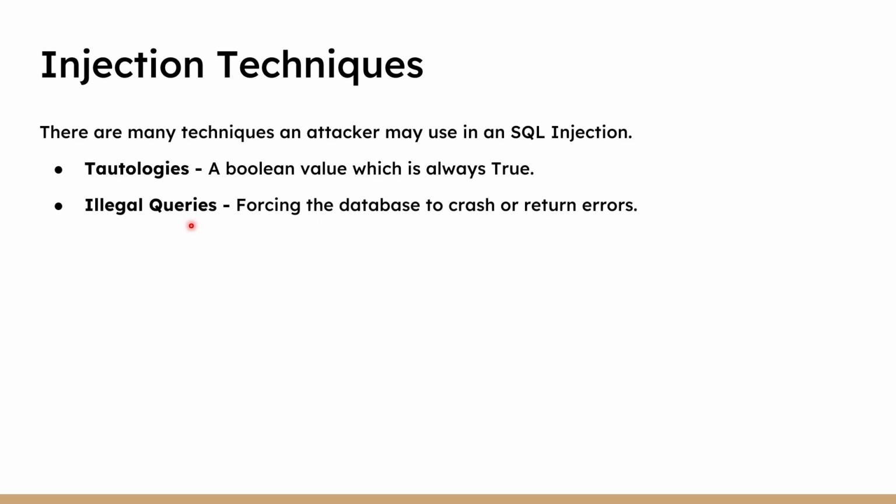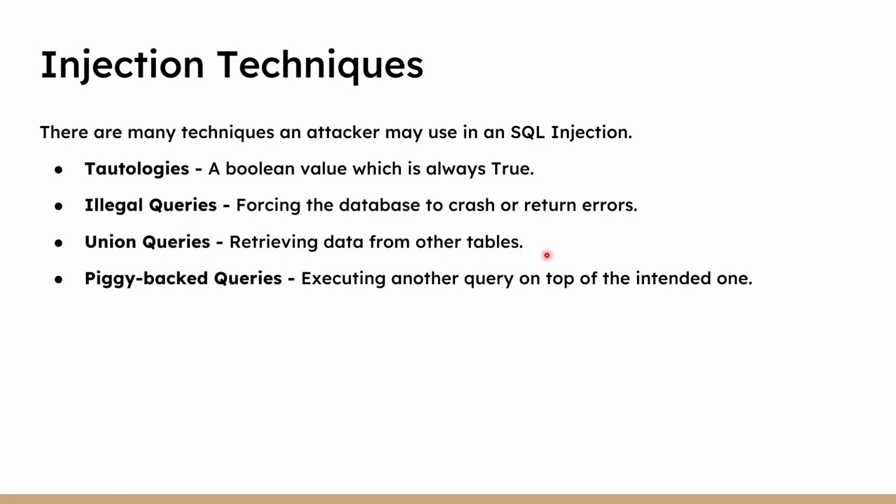Illegal queries, they might purposely cause errors in the database, purposely cause it to return errors, which I'll go more into. Union queries, retrieving data from other tables, that's bad, obviously. Piggybacked queries, executing another query as well as the intended one.